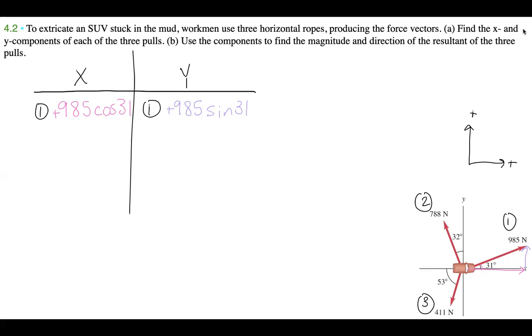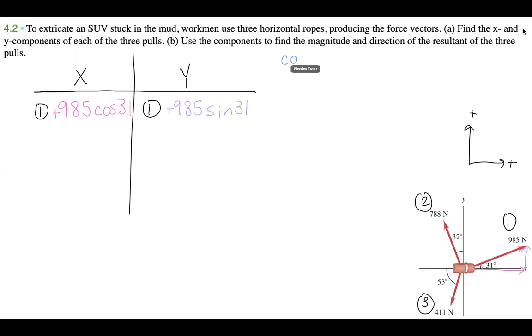And one trick my grade 11 physics teacher told me, that sticks with me till this day, is when you're doing these component questions, always use this rhyme. Cos is close, sine is the other line. What does that mean? Let me just write that down.